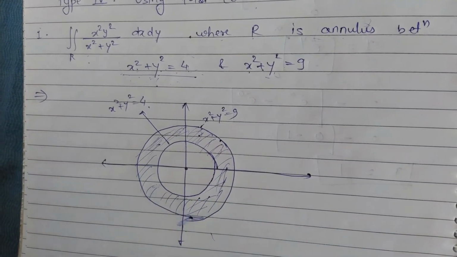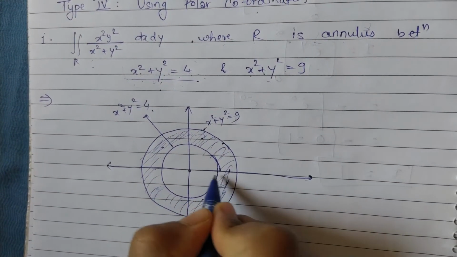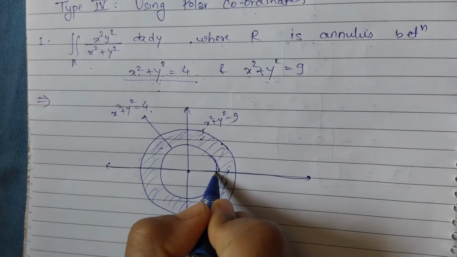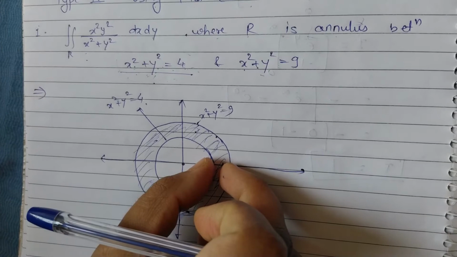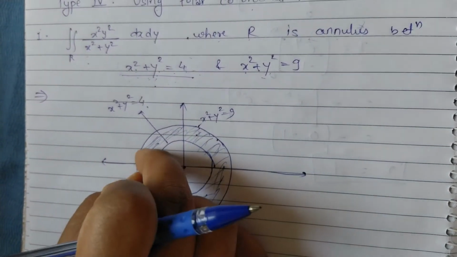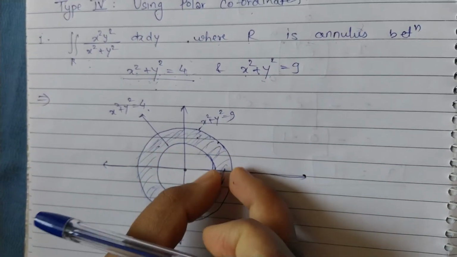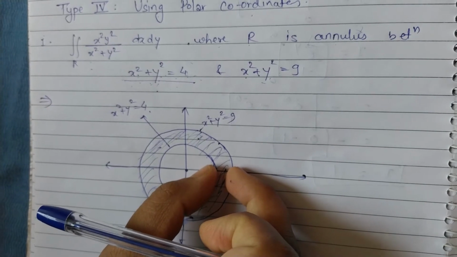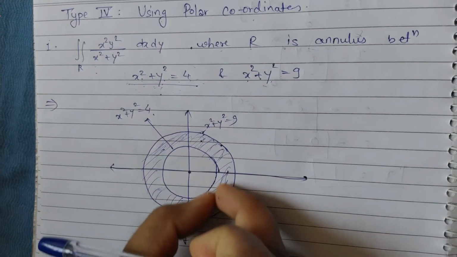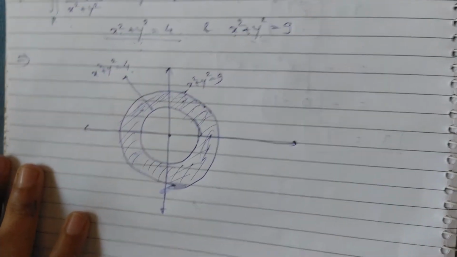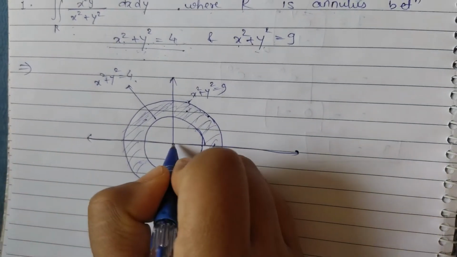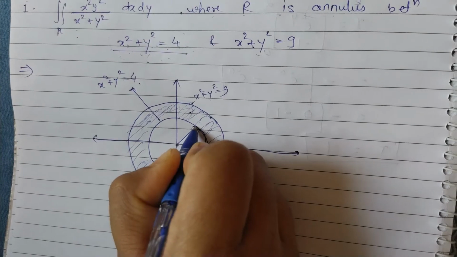Now see, it is not feasible to find the limits of x here and limits of y, because the strip can be moved only in vertical direction or horizontal direction. We need here a strip which can move in a circular direction. So circular means we need to convert them to polar coordinates. Here what is r? That is radius.